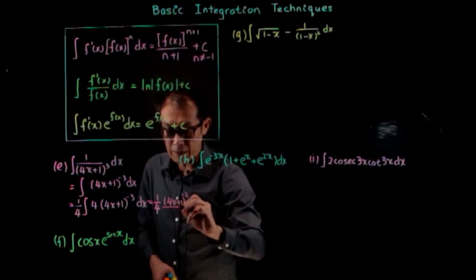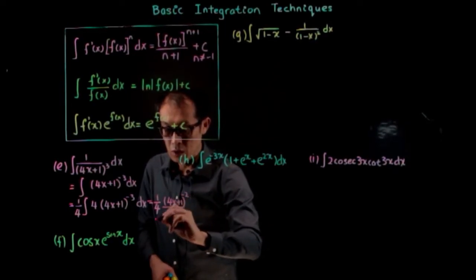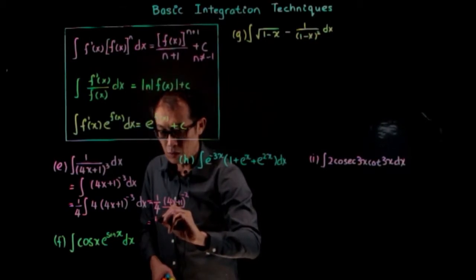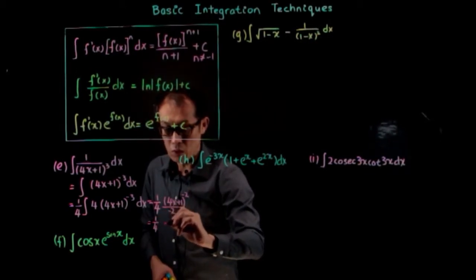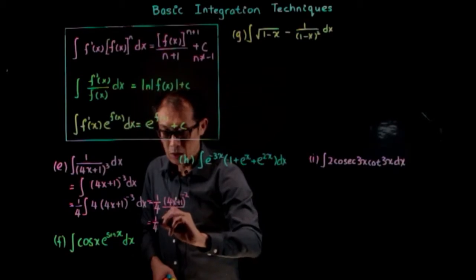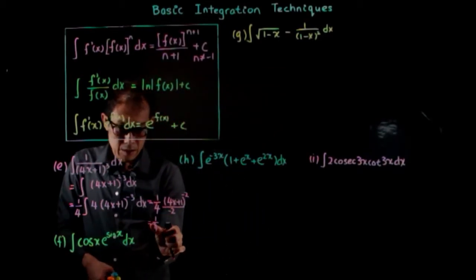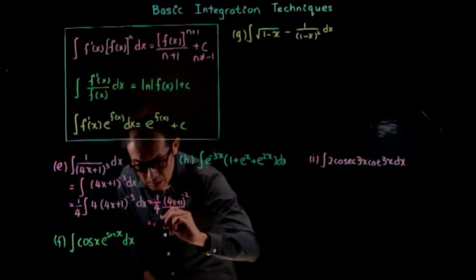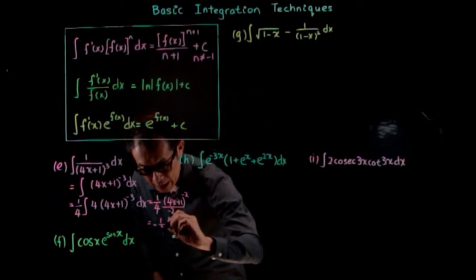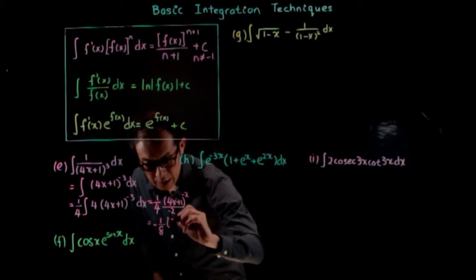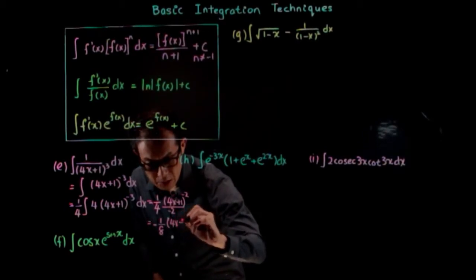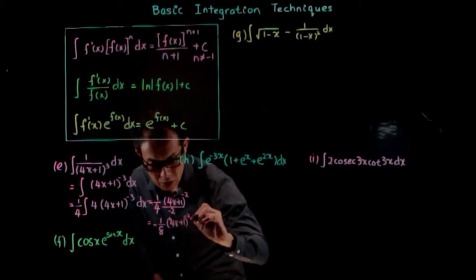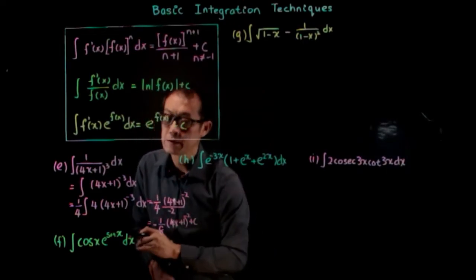Now you need to divide by minus 2. And then you get 1/4, or rather minus 1 over 8, times (4x plus 1) to the power of minus 2 plus c.